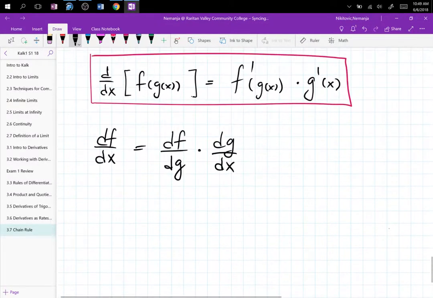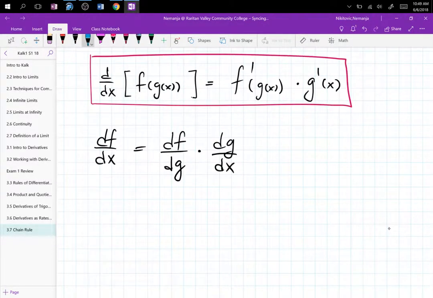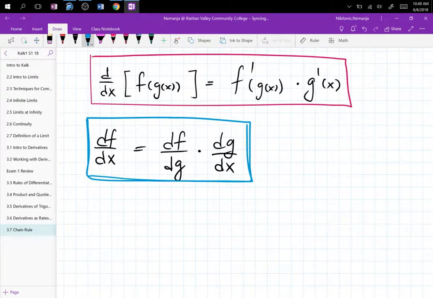Now, if you are observing the formula written in this way, you see that these dg's actually cancel, and you have df dx equals df dx. So we can represent chain rule in this fashion as well. And observe that the derivative was done in terms of dg.